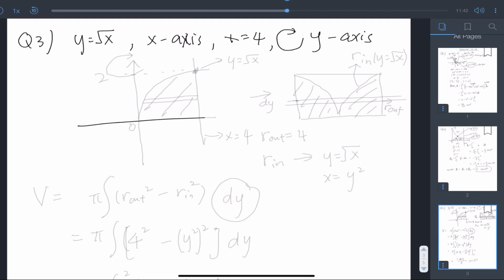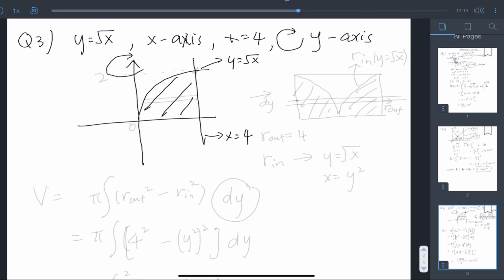So let's plot the graph first. We have y equals square root x. This is the curve y equals square root x, and this is x equals 4, and then we have the x-axis, and this whole piece of area is going to revolve around the y-axis.